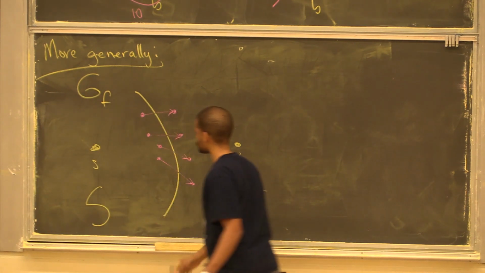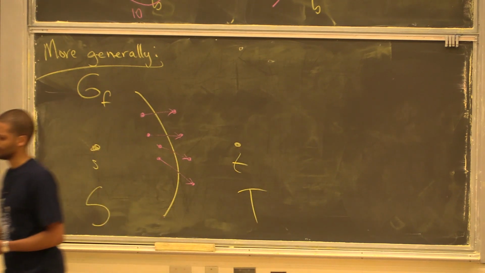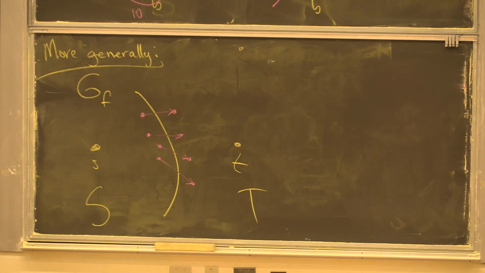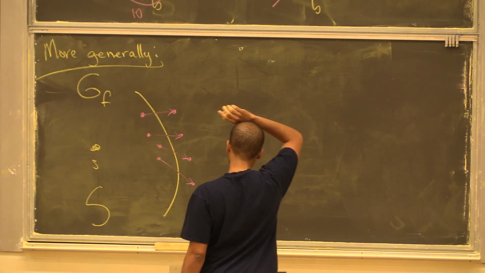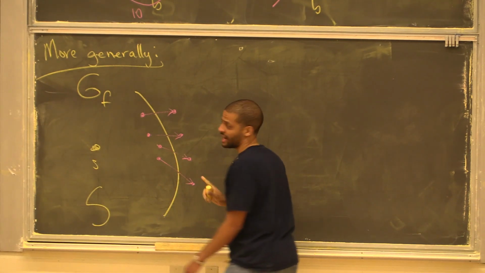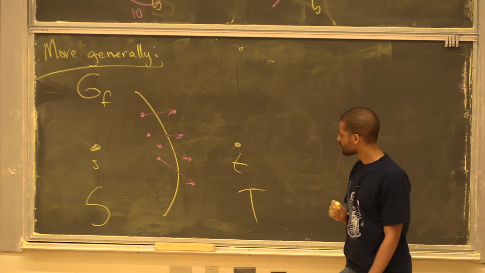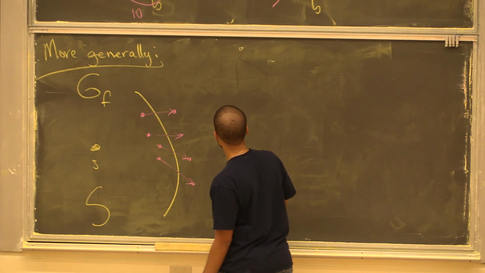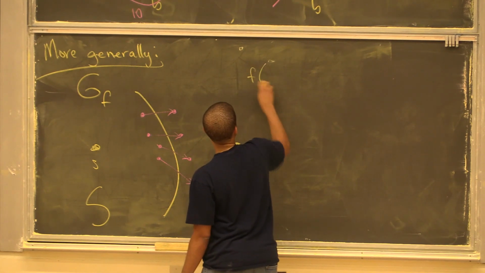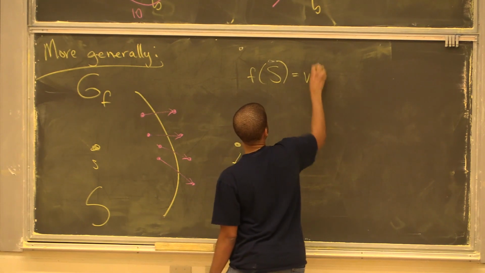Now, what do I know? I know that the net flow, f of capital S, is equal to the value of f.